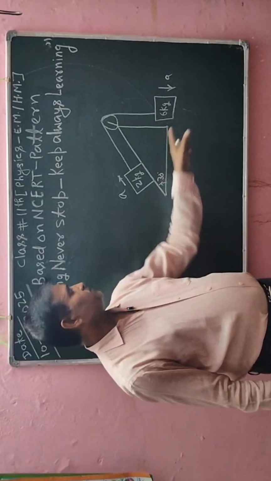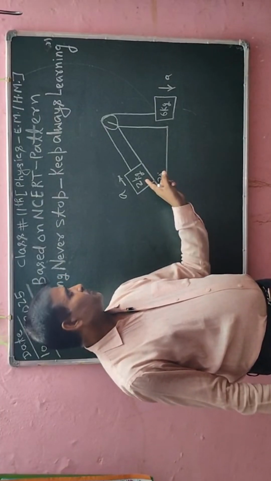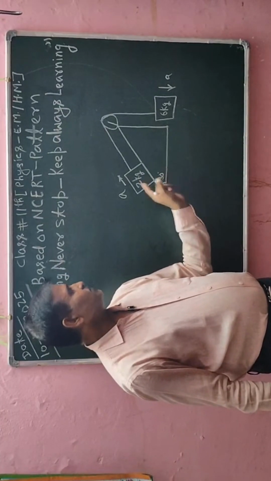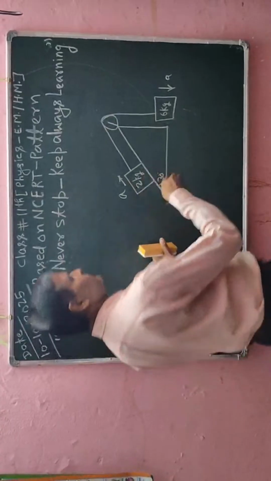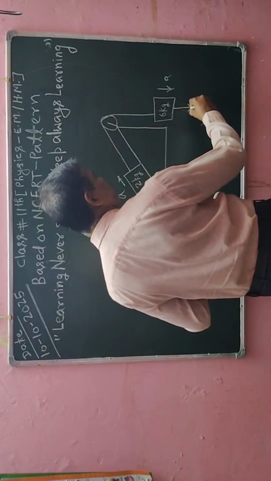I know that the second mass is greater than the first mass. It means its movement will be along this direction, so this object will go downward.